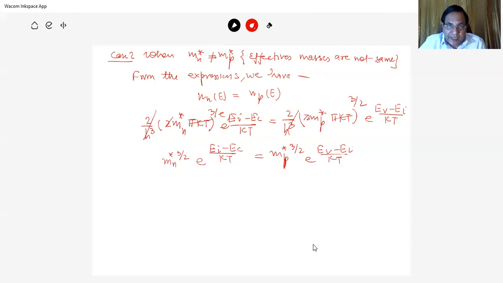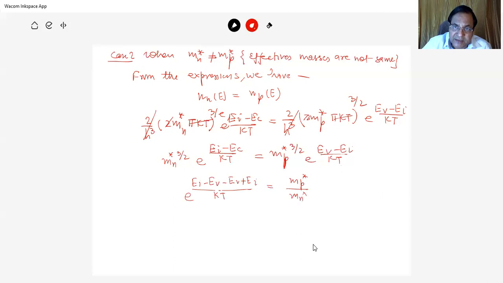So we can transfer this, that is e to the power (2Ei minus EV minus EC) upon kT is equal to (Mp star upon Mn star) to the power 3 by 2.